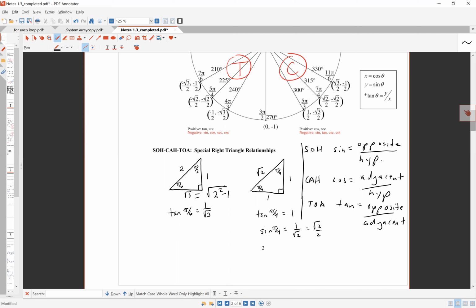Like the sine of pi over 6 is opposite over hypotenuse. The opposite is 1, and the hypotenuse is 2.